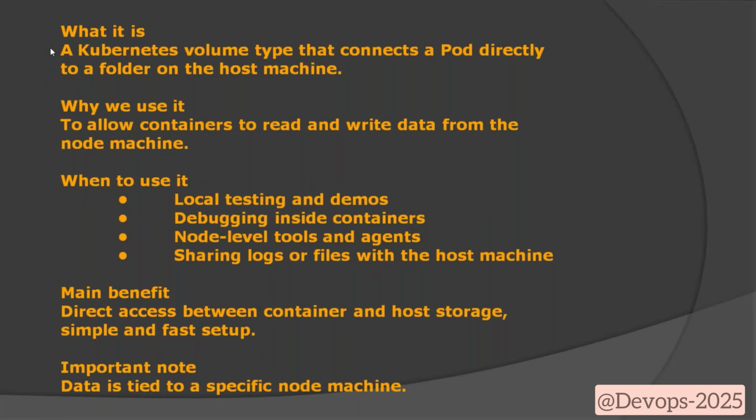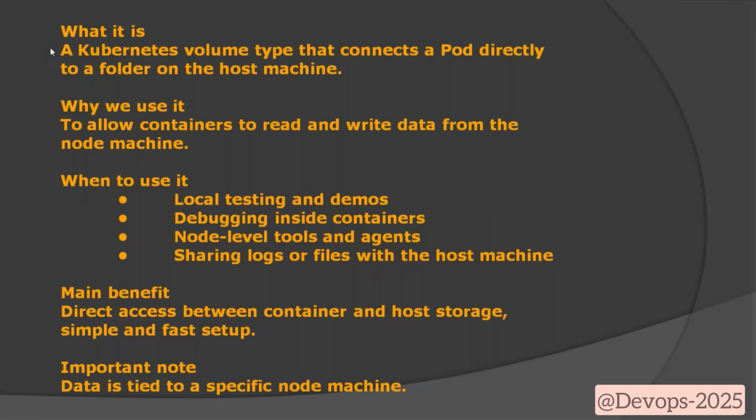This is the first benefit. The second benefit is that data stays even if the pod is deleted. As long as the folder on the host machine remains, the data will not be deleted. This is very different from emptyDir, where the data disappears when the pod is deleted.